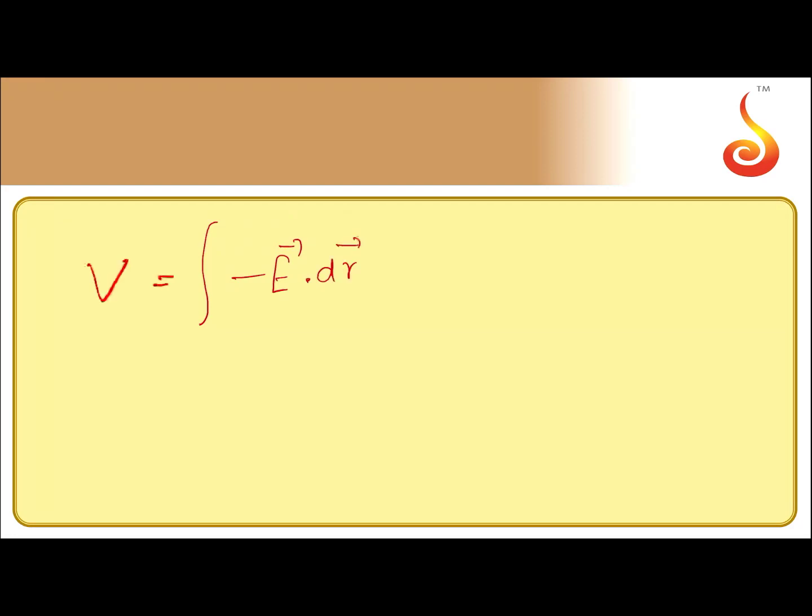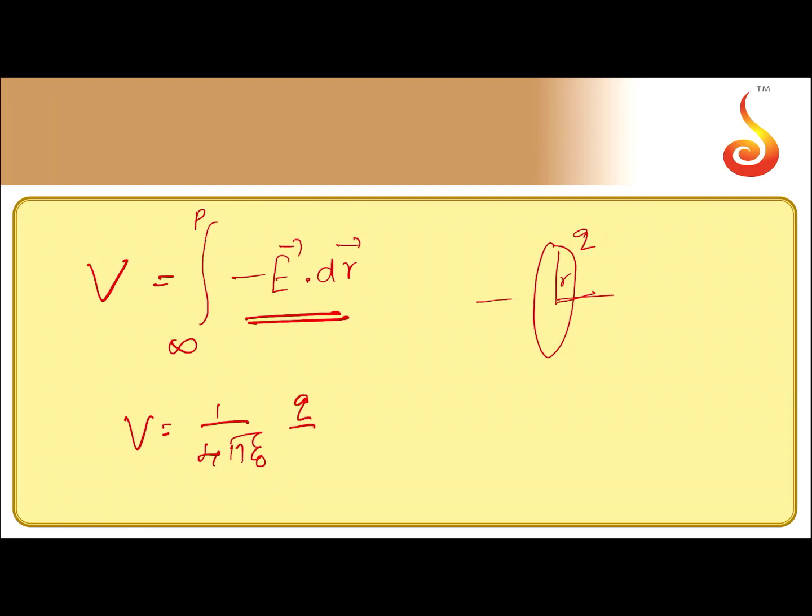This is nothing but the potential. If it is calculated from infinity to a particular point P, this integral E dot dr is nothing but the potential at a point. So what is he asking for? He is asking for the potential at the center of a ring. Charge on the ring is q, radius is r, therefore the potential at the center of the ring is 1 by 4 pi epsilon naught q divided by r. Very simple.